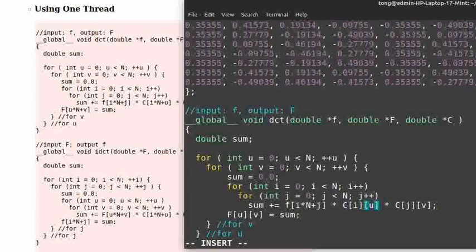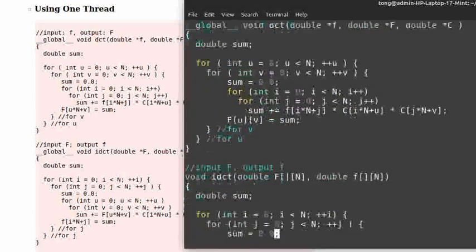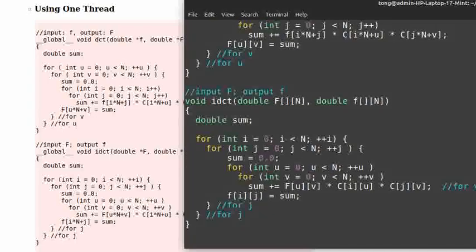And C(i,u) becomes C[i times n plus u]. And this is C[j times n plus v]. So these are the changes we need to make. And we can do the same thing for the IDCT.